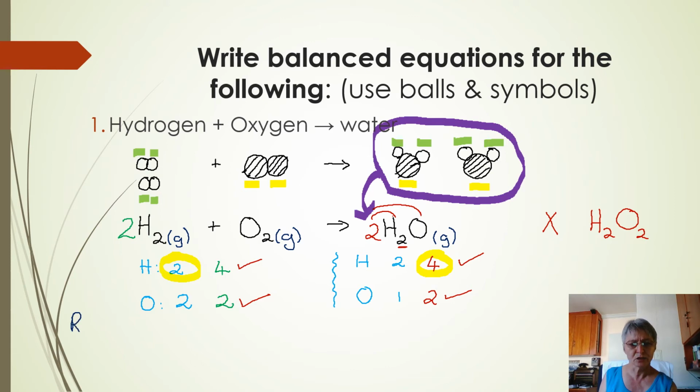Now, it is a good habit to write down the ratio between each of the substances. There would be 2 hydrogens reacting with 1 oxygen to form 2 water molecules, and you must be able to write that down in words.